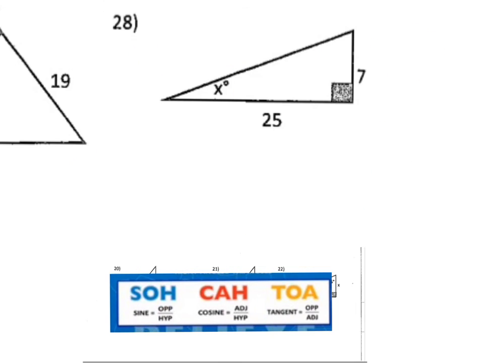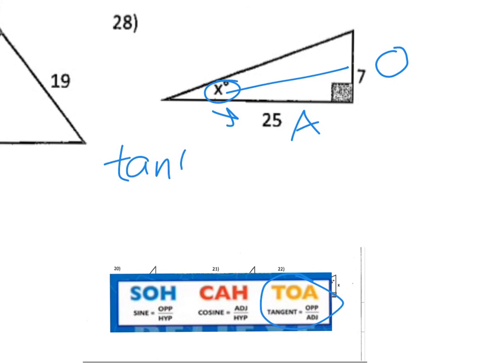All right, let's take a look at what we have here in relation to the angle that we're solving for. I see that directly across would be opposite, so 7 would be our opposite, and right next door is going to be 25, so that's going to be our adjacent. So again, we're using tan because we have opposite over adjacent. So I'm going to say tan of what we're solving for is equal to O over A. We have an O of 7 and an A of 25.